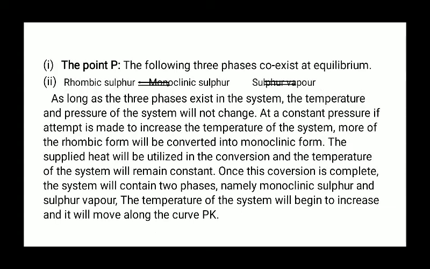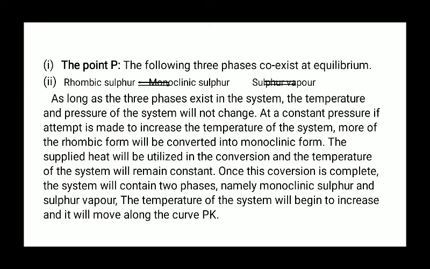At point P, the following 3 phases coexist at equilibrium: rhombic sulfur is in equilibrium with monoclinic sulfur, which is in equilibrium with sulfur vapor. As long as the three phases exist in the system, the temperature and pressure of the system will not change.